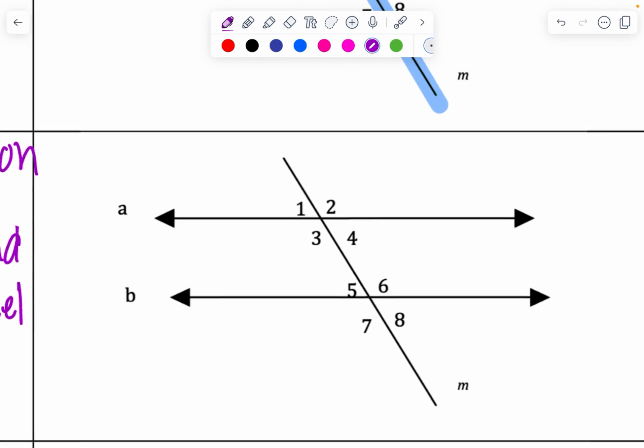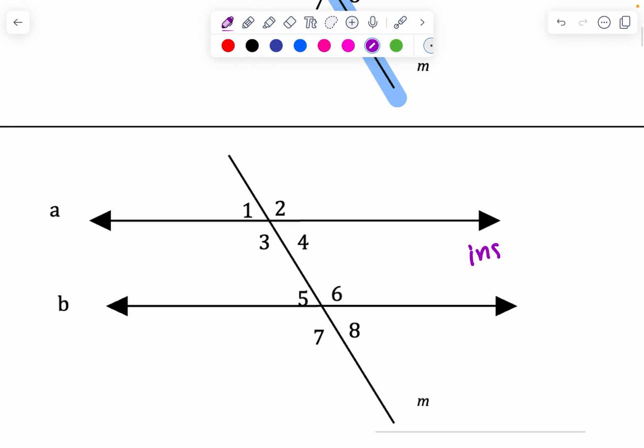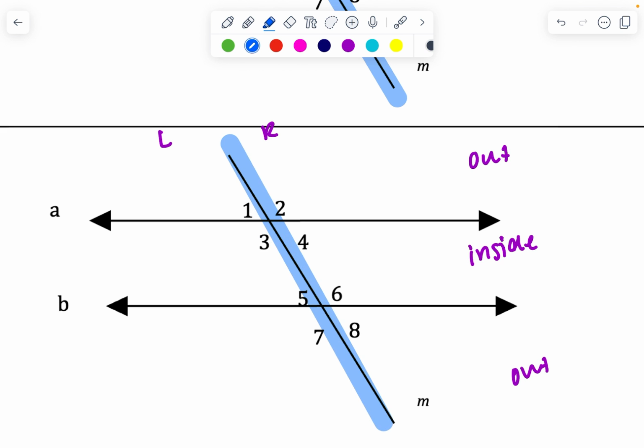Okay, so in this picture, we're looking for angles that are outside the lines. So if this is inside, this is what I mean by outside here. Okay, and then left side and right side of that transversal. Two angles that are outside of the lines but on opposite sides of the transversal would be angle 2 and angle 7, or angle 1 and angle 8.